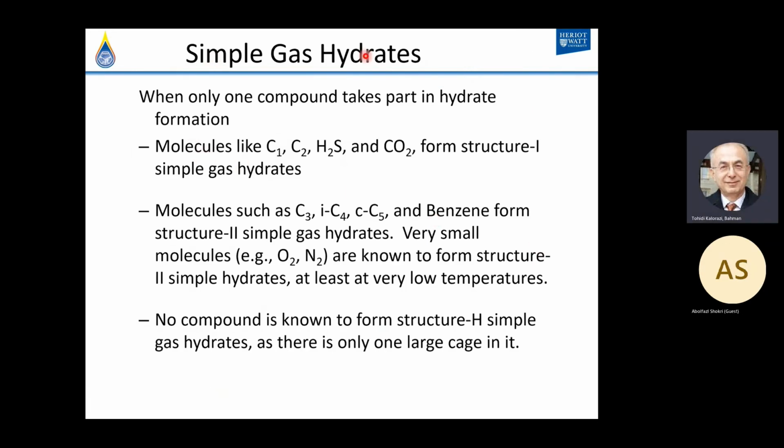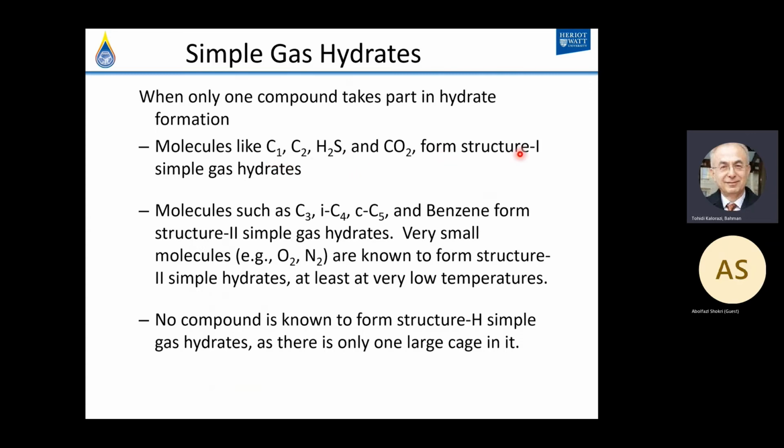So, simple hydrate. Simple hydrate is when we have one hydrate former, and the objective is to determine the hydrate formers of a pure compound. I showed the video, the curve, earlier on.